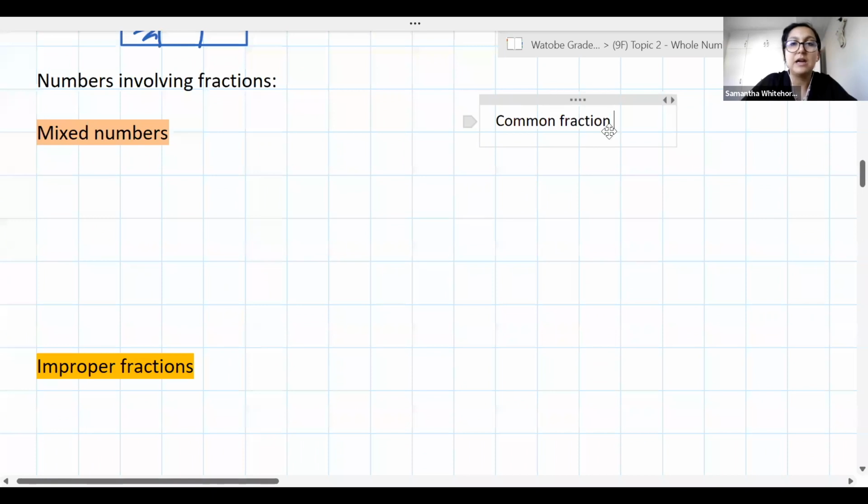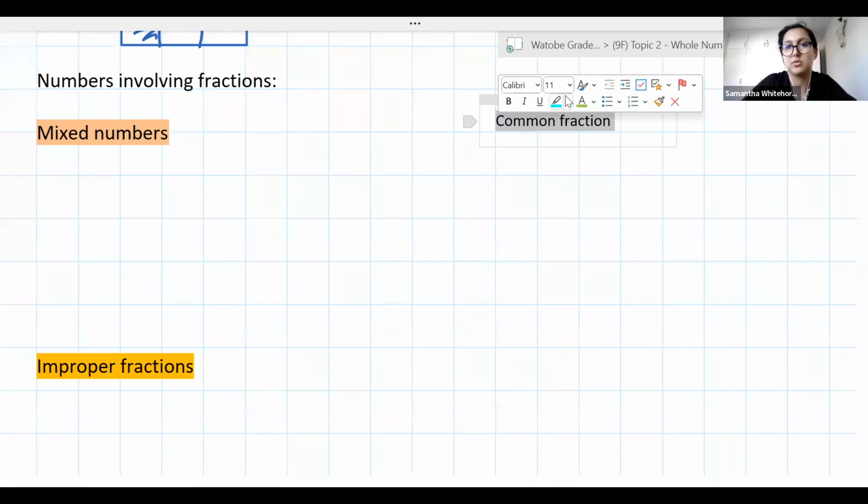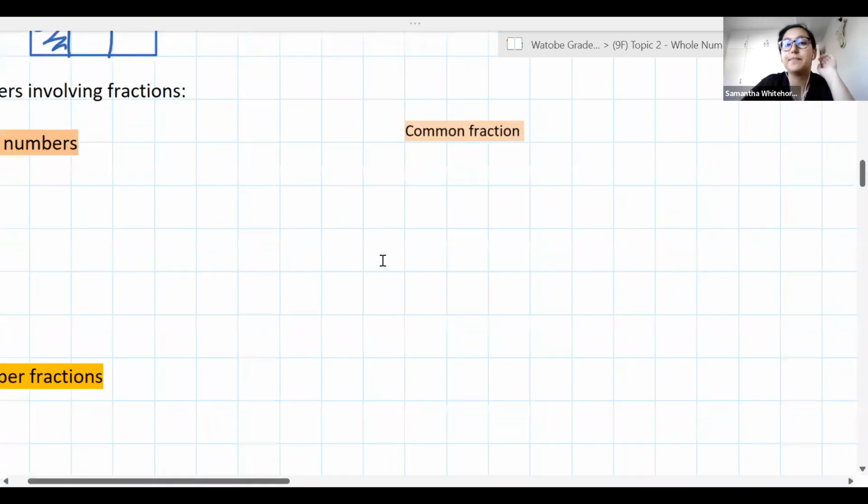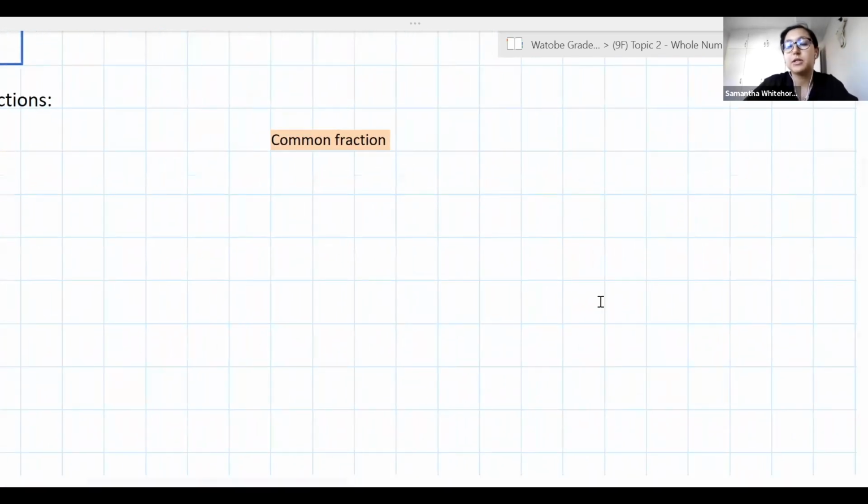Right, so let's have a look at what a common fraction is, and I'm going to start there. So Tsapang has put that on the chat already for us, which is very nice, thank you. A common fraction is basically, I don't want to say our most basic form of a fraction, but what we automatically think of when we have a fraction.